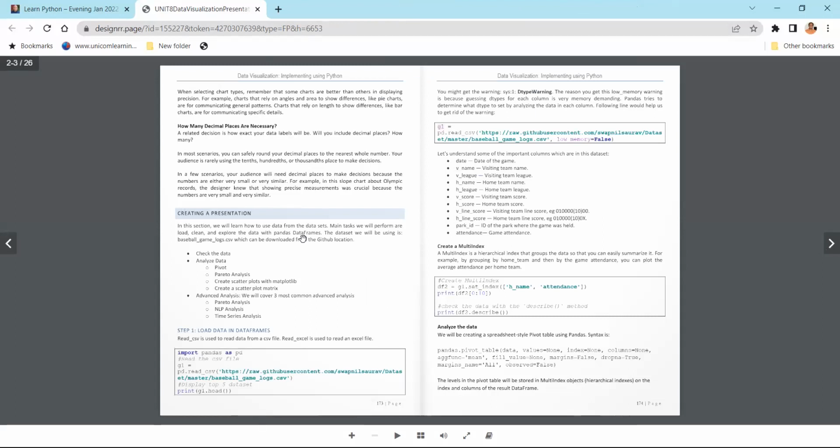This is the last one, and from this, I'm going to do only one example in the class, which is for natural language processing, NLP. I'll show you how to do that.